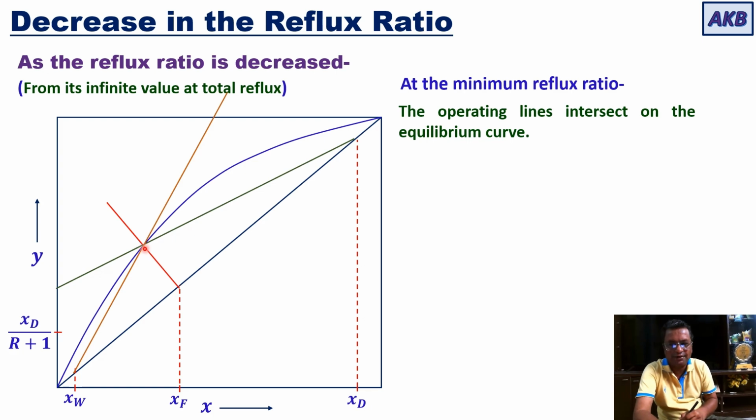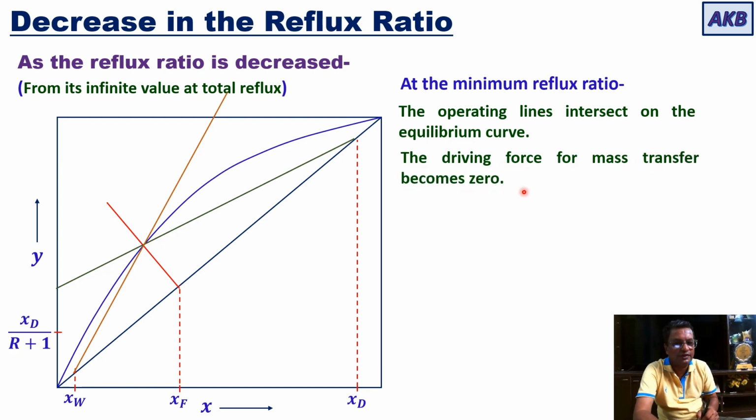Therefore, the driving force for mass transfer becomes zero. Why? Because the distance between the operating lines and the equilibrium curve along the q line has become zero, and this distance is nothing but the magnitude of driving force. So when the intersection is on the equilibrium curve, then driving force for mass transfer is zero.